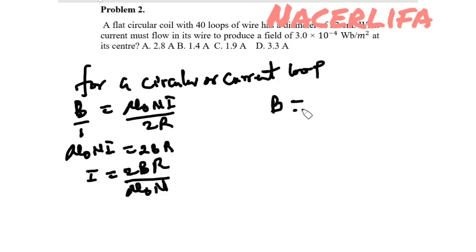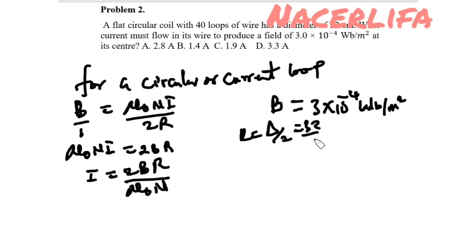B, which is the magnetic field strength, is 3 times 10 to the power minus 4 Weber per meter square. And the diameter is 32 cm, so the radius is diameter upon 2, which is 32 upon 2. You have 16 cm, which when you change to meter, you have 0.16 meter.